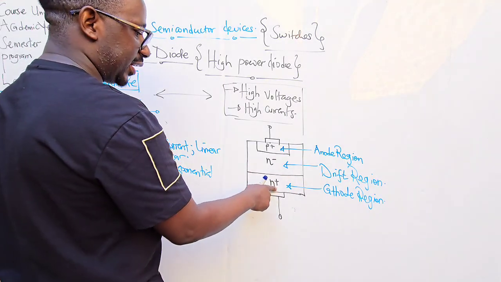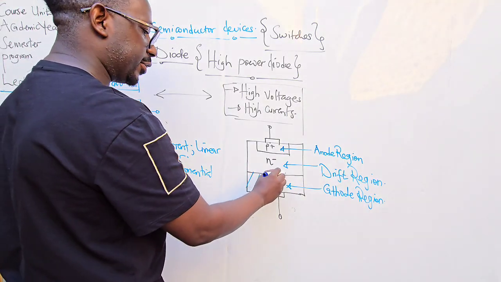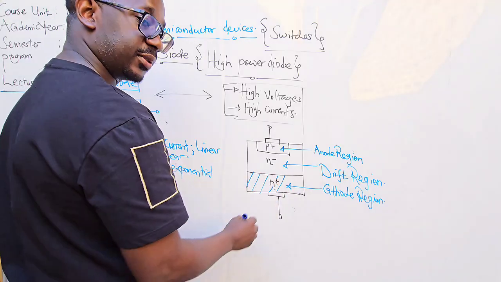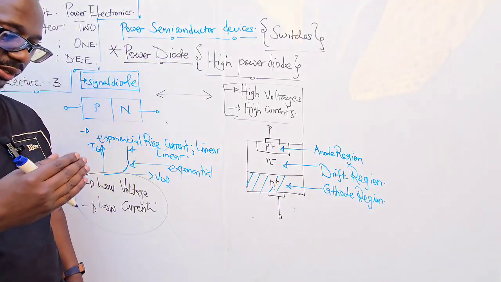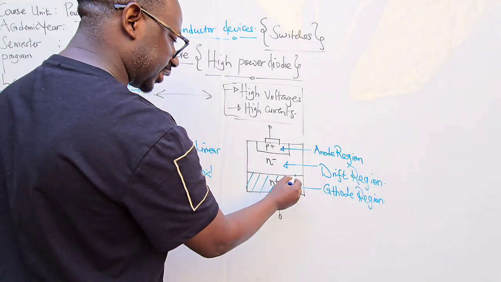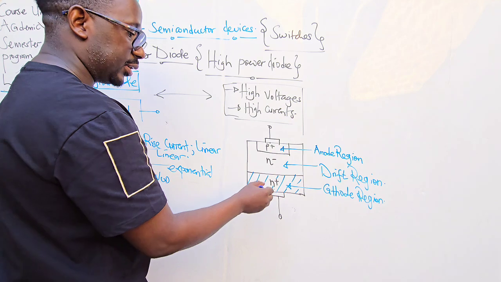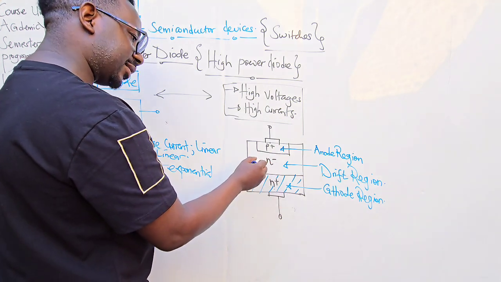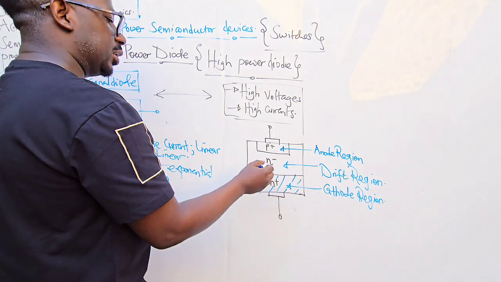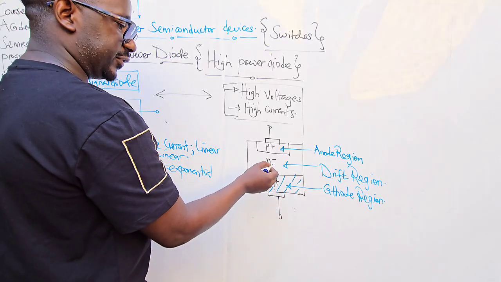The signage simply means this is a region which is highly doped. Doping simply means adding impurities to a certain substance. This is a substrate highly doped with negative charge carriers. This is a substrate called the drift region that is lightly doped with negative charge carriers.